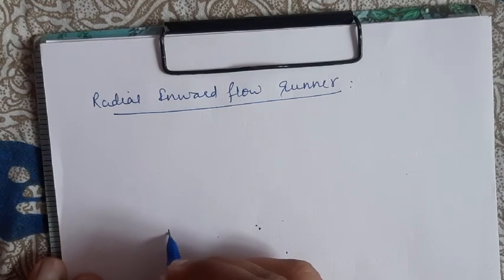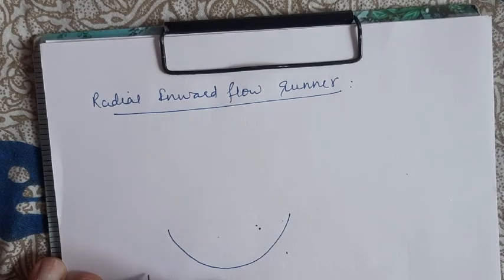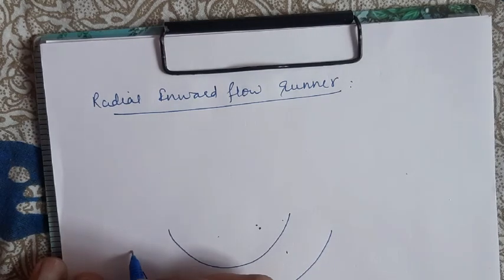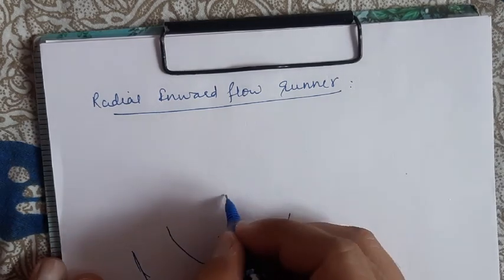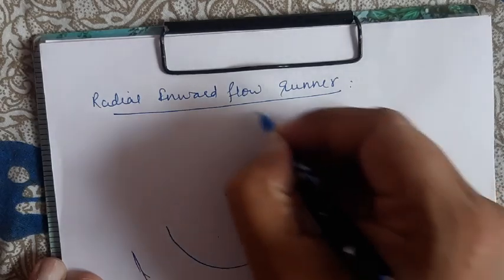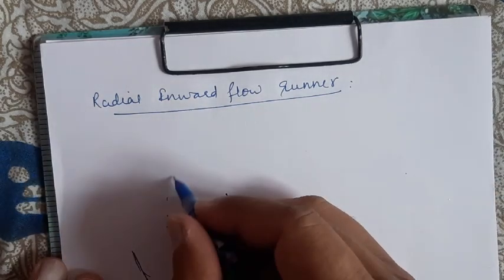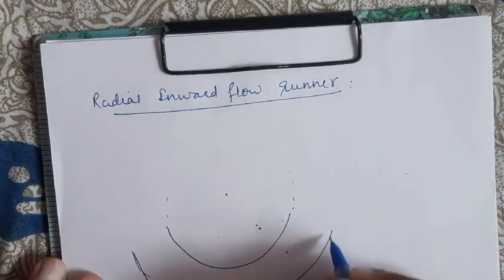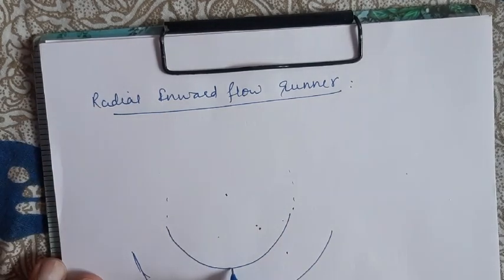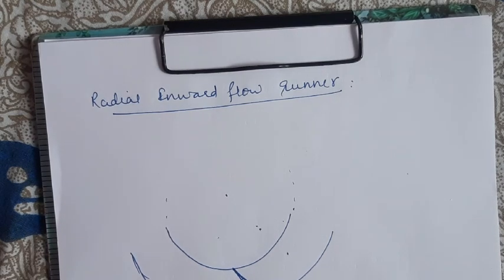For inward flow, I have to draw like this. Observe. This is the whole runner. Whole runner is there. I am drawing only a single vane over here.